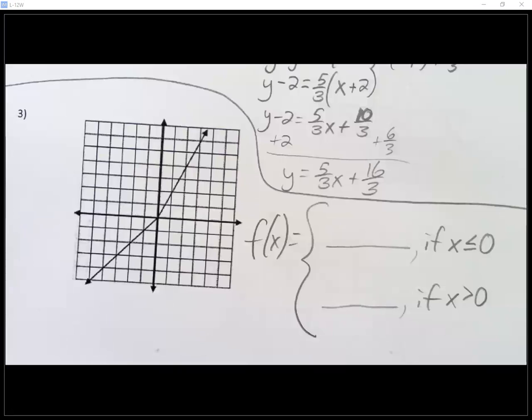Does it not matter if what? You're going to get the same value. Yeah, because they meet there. It wouldn't matter if you plugged in 0 to the top or the bottom. You should get the same value for each, but I'm not allowed to plug a number in and have it be able to go to two branches, even though they're going to give me the same answer.